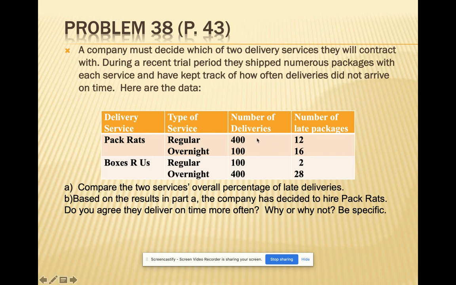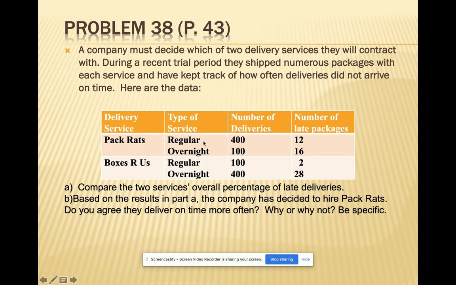If both groups had the same number of regular deliveries and the same number of overnight deliveries, okay, if both groups had 100 or both groups had 400, where those two were equal, then there would be no other consideration really for us to look at.